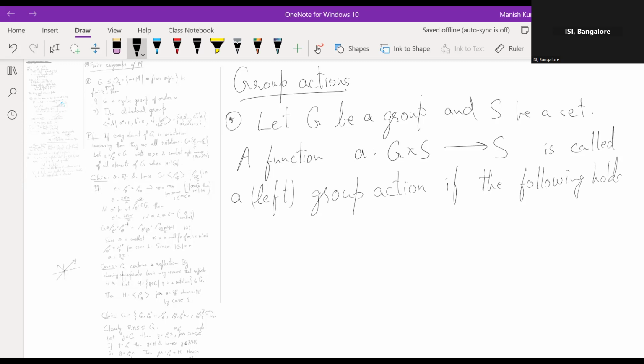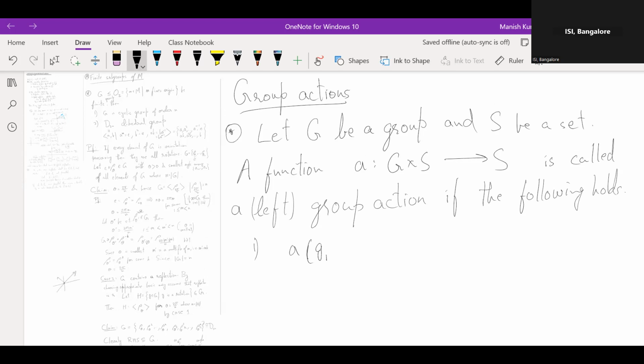There have to be some axioms, like group axioms. There is an axiom for group action. The first one, G1: A of E comma S is equal to S for all little s in capital S. So identity fixes everything.